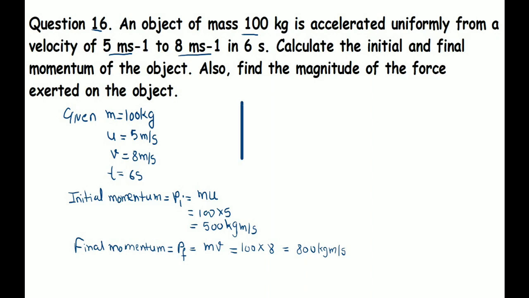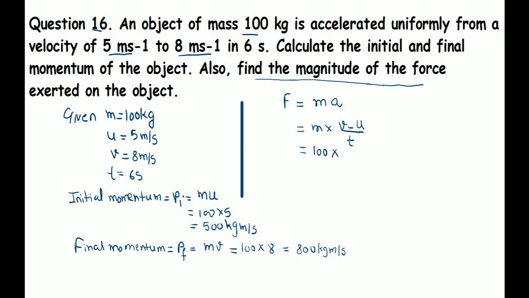Now final momentum, we can represent as P of F. This is only a symbolic representation. It is not necessary that you write like that only. Okay, it is for my convention. You can take your symbol as of your choice. So final momentum will be mass into final velocity, that is 800 kg meter per second.